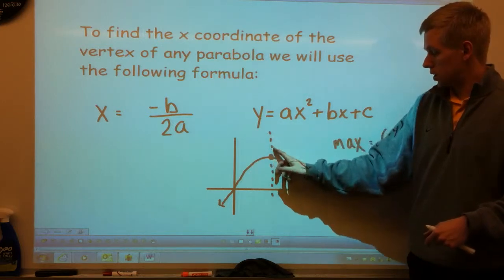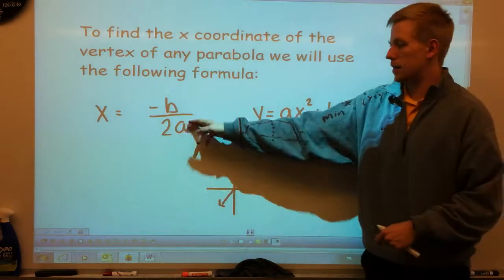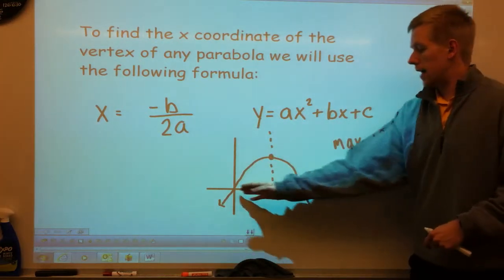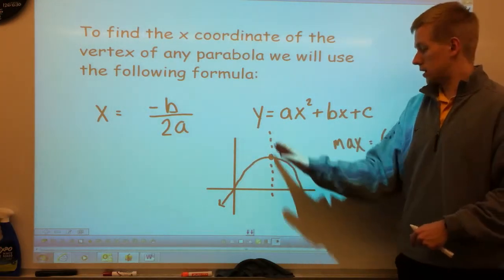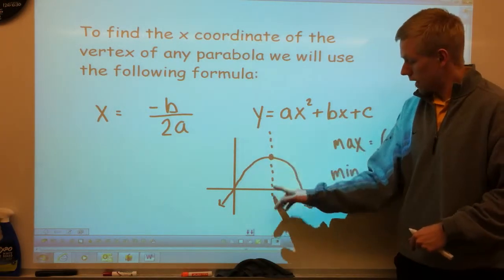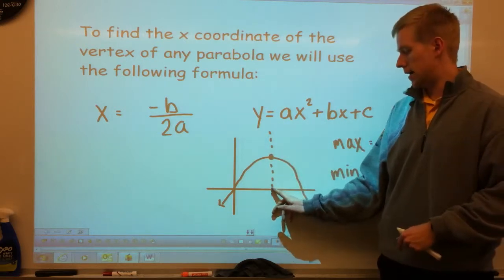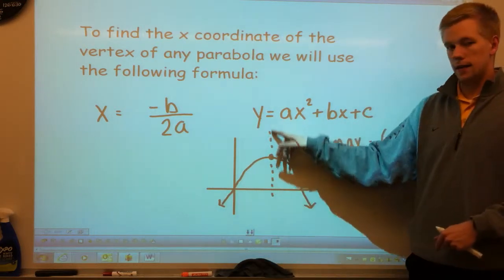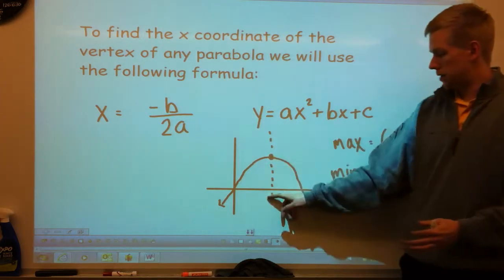So this line that goes through that vertex is called the axis of symmetry. So when you find that x value, you're finding the x on this line of symmetry. I could draw a line right through that vertex, and it's going to go straight down, hitting the spot on the x-axis, and that is the axis of symmetry for your parabola. That's why I have that dotted line there.